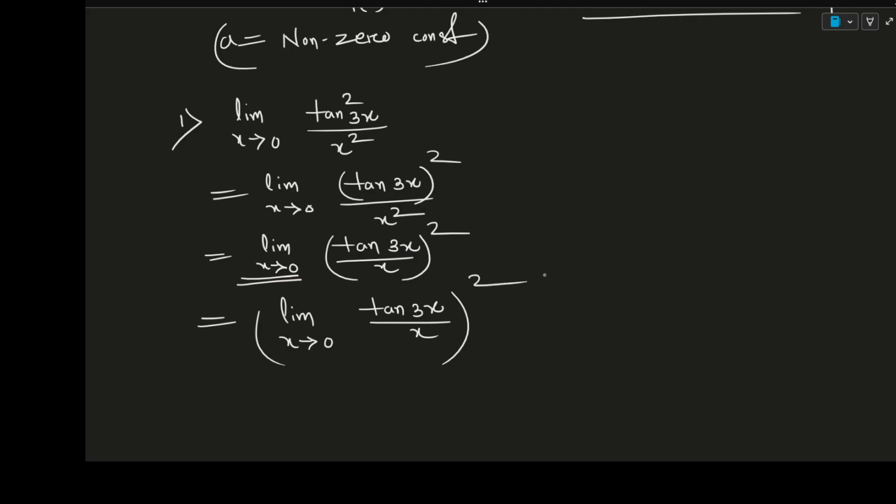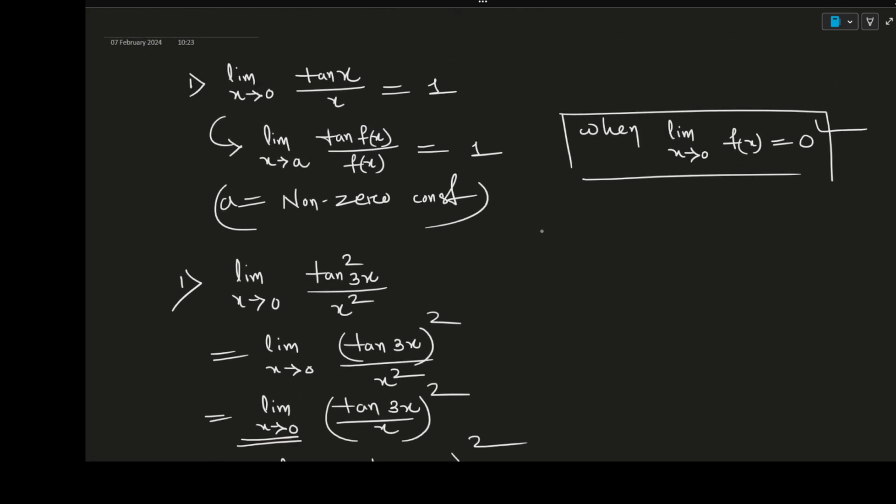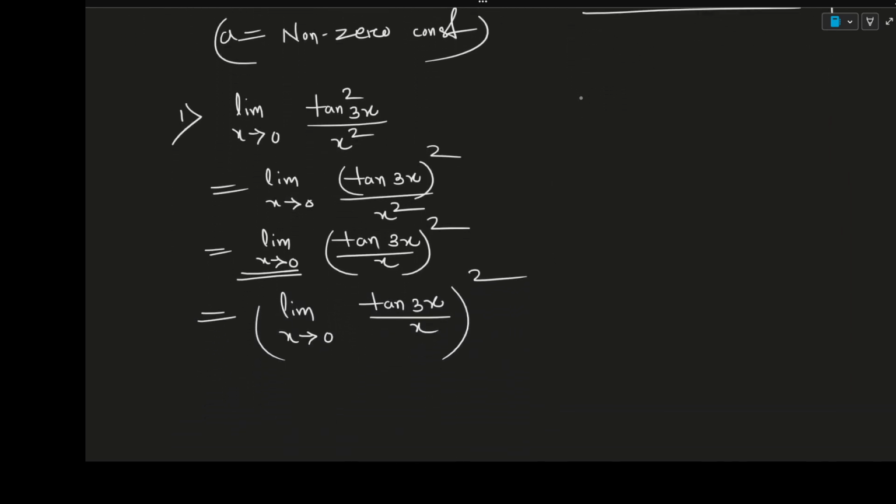if I relate this step with respect to the above formula, then I can easily identify that my f of x here is 3x. Here f of x is equal to 3x, and limit x tends to 0, 3x is equal to 0.